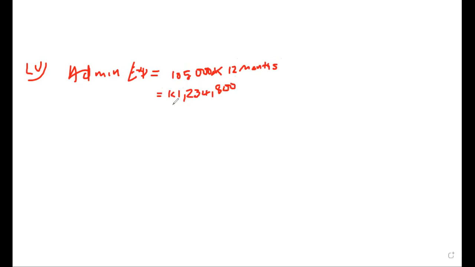This is the total current administration expenses. Let's reduce it by 2%. If we are to reduce it by 2%, we multiply by 0.98.